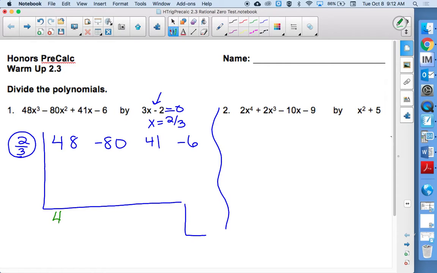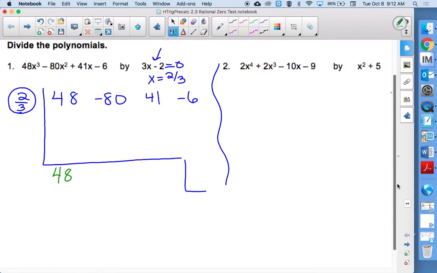So Josh, since you did this with synthetic division, what is 2/3 times 48? 32. So you get a nice number there. That's good. And then when you combine negative 80 and 32, that makes negative 48.